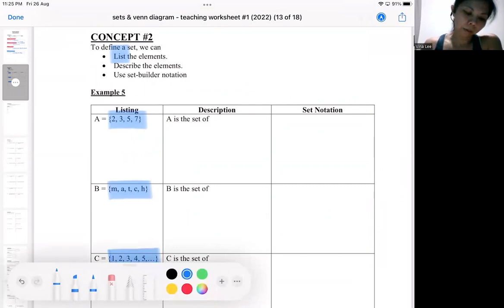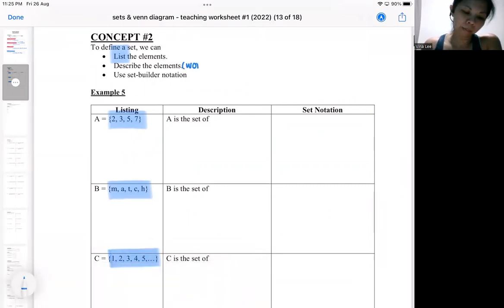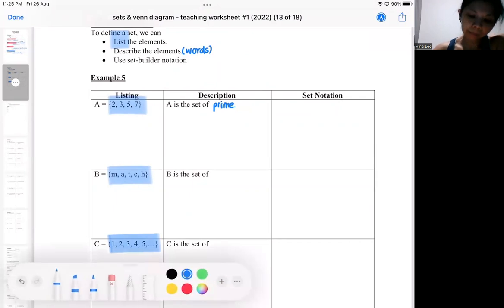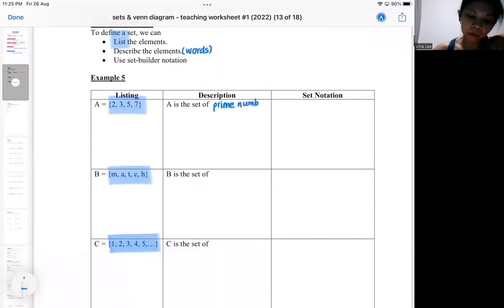There's another way of describing: we use set notation to describe. I'm going to show you in this concept. If you look at 2, 3, 5, 7, it is the set of prime numbers less than 10. So we use words to describe.